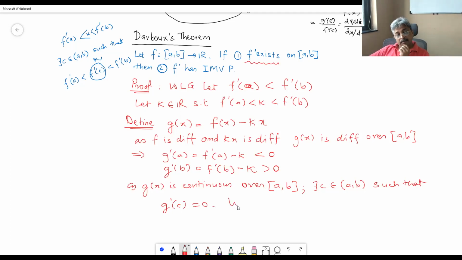Why? Now think about this and tell me, why is this statement true? g of x is continuous over a comma b. So there exists c in the open interval a comma b such that g dash of c is equal to 0. Why should it happen?